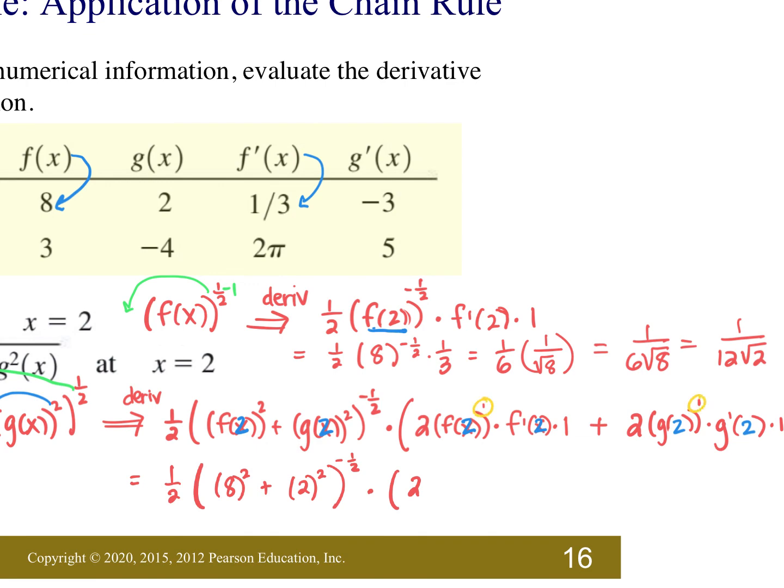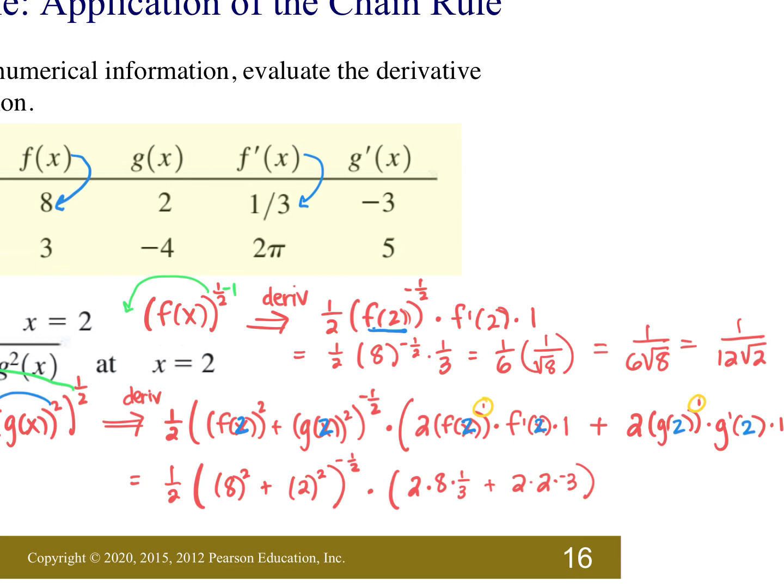If you don't want to write the first power, you don't have to, if that's confusing to you, but it is a first power. All right, so now I'm going to have 2 times f of 2, which is 8 again, and then times f prime of 2, which is 1/3. And then plus 2 times g of 2, which is also 2, and g prime of 2, which is -3.